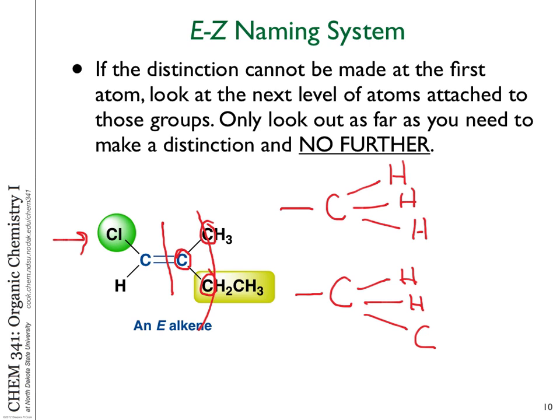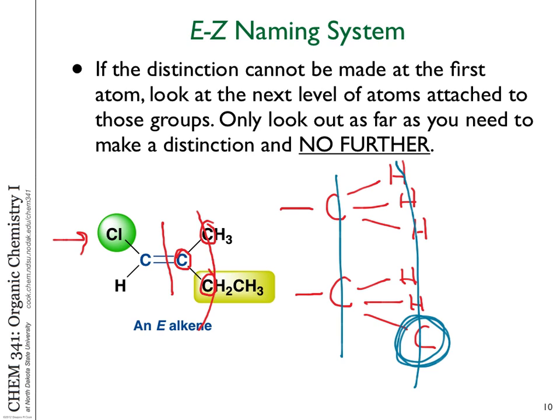If we can't tell the difference in priority from the first layer, we can tell the difference from this layer, because now we have this one being a higher atomic number in the layer out that we've done. So what you need to do is systematically go from the first atom connected and see if there's a difference, then go to the next atoms that are connected and see if there's a difference.